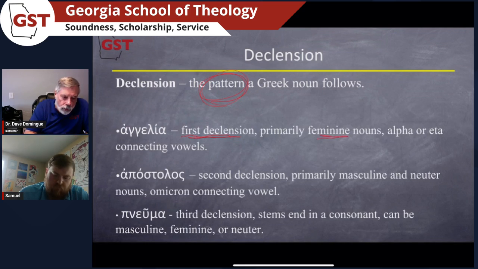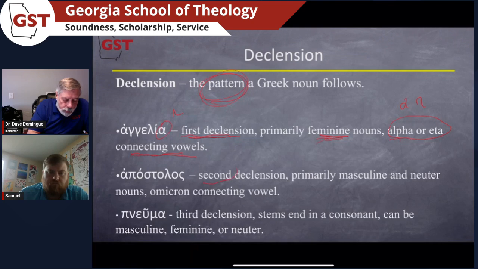It says primarily because there are some exceptions. Primarily feminine nouns will end in alpha or eta, and the stem ends in a connecting vowel, the alpha or eta, the stem ending.